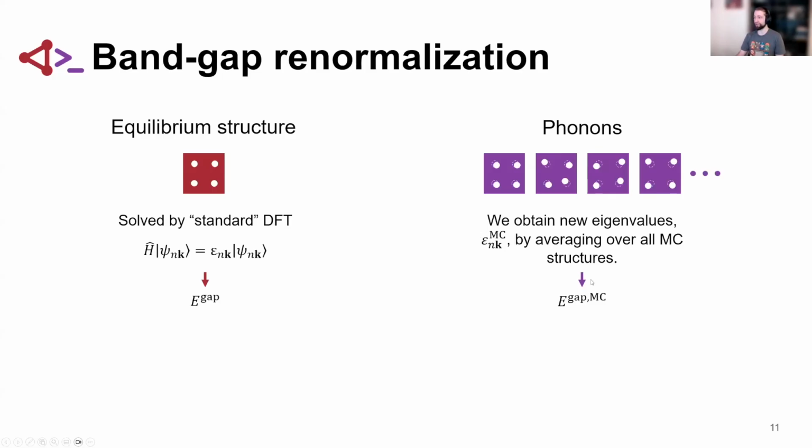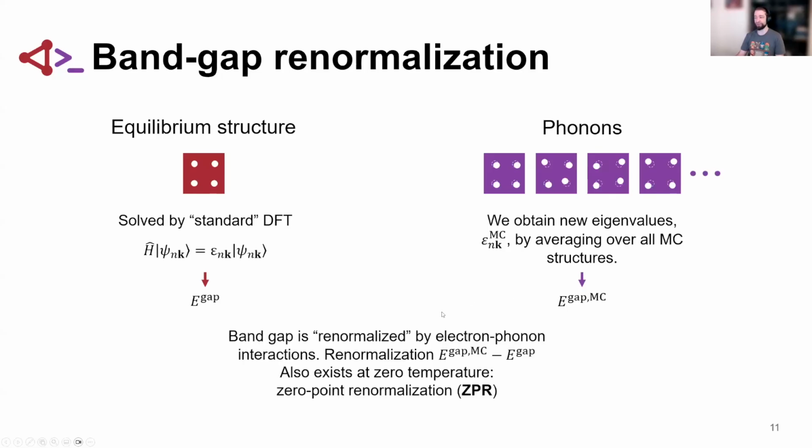By averaging over all of them, you will get an effective band gap that is now Monte Carlo sampled. And you take the difference between the two, which will be your electron-phonon renormalization of the electronic band gap. And once again, this exists also at zero temperature. So there is a ZPR effect also in this method.